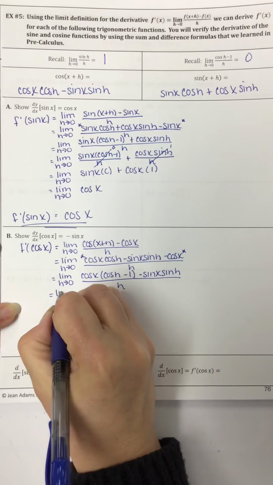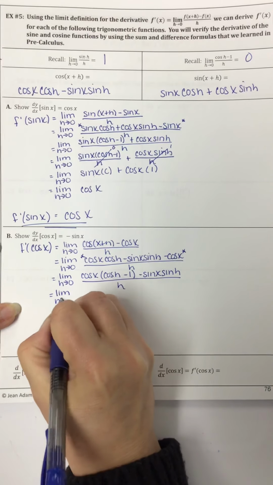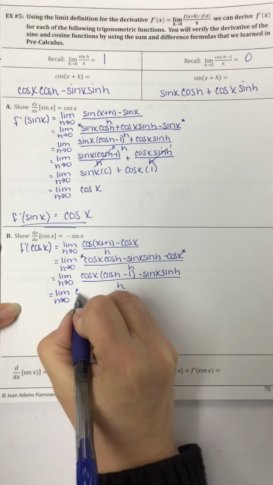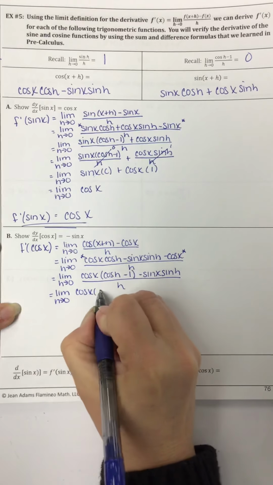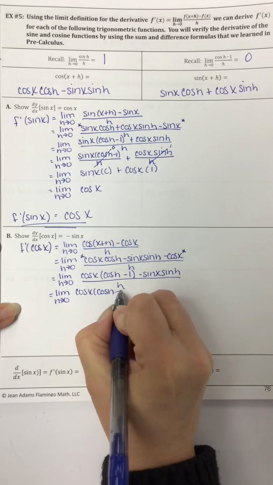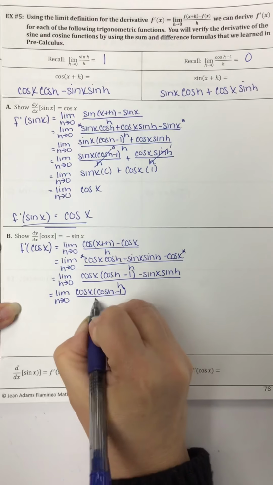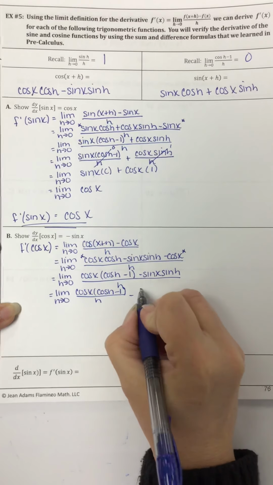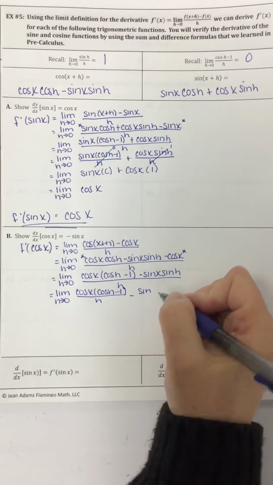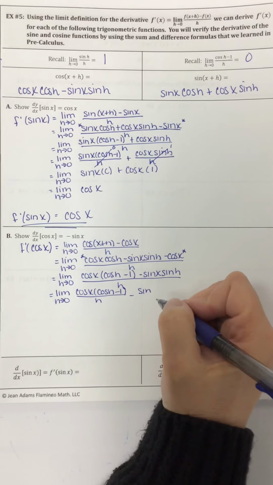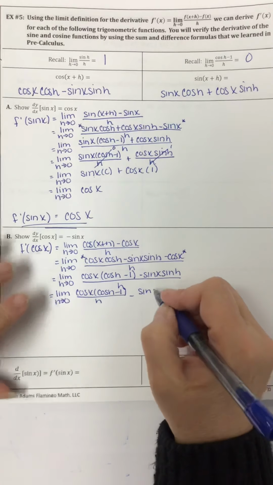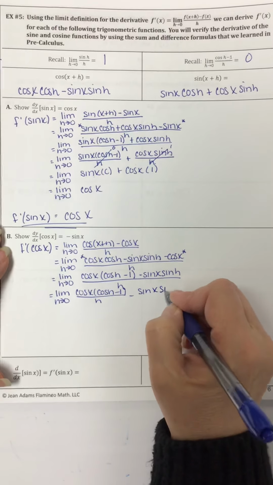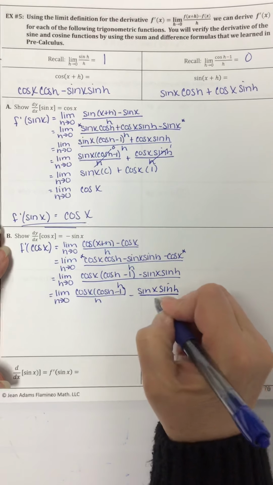And so you can see that the limit as h approaches 0 of cosine of x times cosine of h minus 1 all over h, minus sine of x, sine of h all over h.